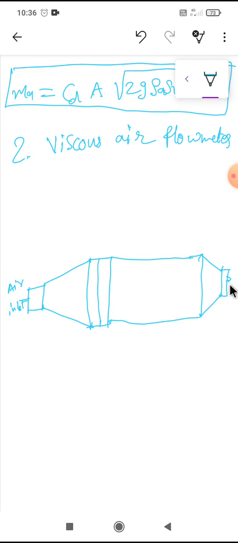The air is going to the engine. So this is the dry air filter, and this is the oil air filter.